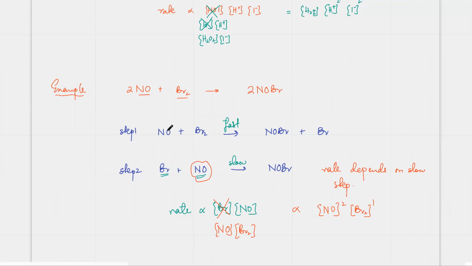So if you change the concentration of NO, BR's concentration would also be affected. And if BR's concentration is affected, then the slow step is going to be affected once more. So that's where the square relationship is coming from. Because if you change the concentration of NO, you're also indirectly changing the concentration of BR, because BR is dependent on NO.